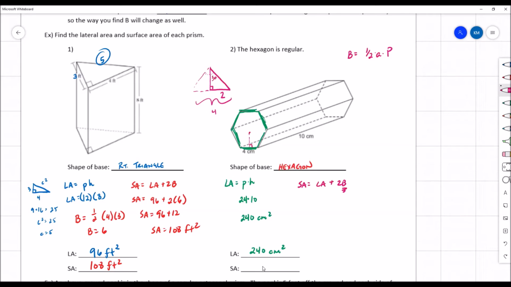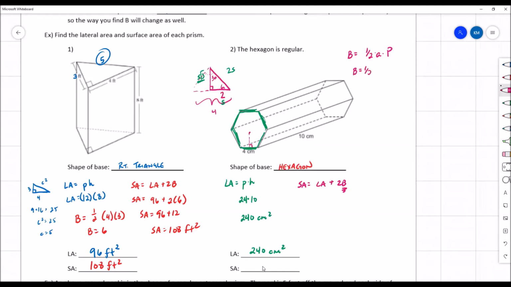So we have a 30, 60, 90 triangle. Remember, in a 30, 60, 90 triangle, we had our ratios of S, 2S, and S radical 3. Since we know that S is 2, our height is going to be 2 radical 3. That's our apothem.